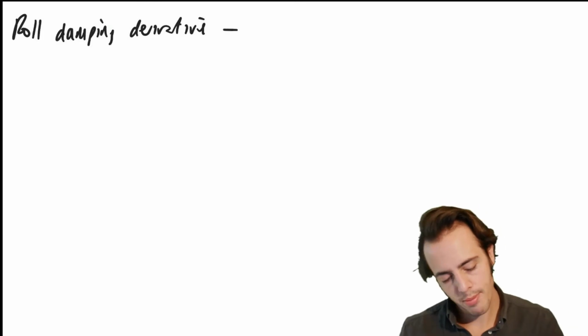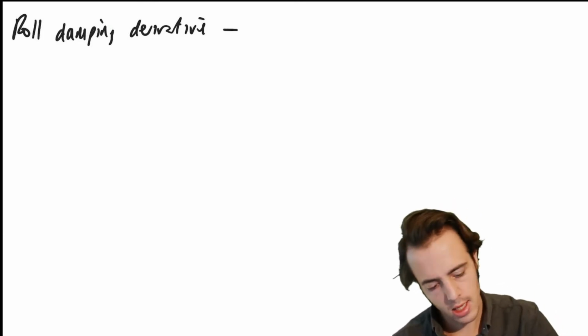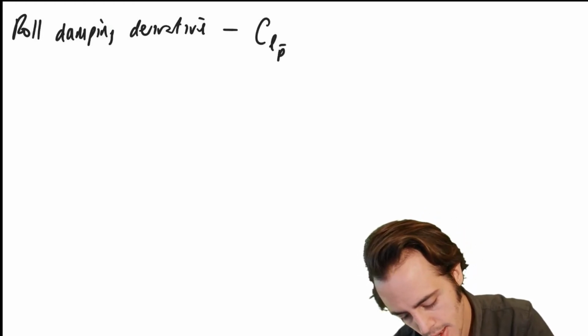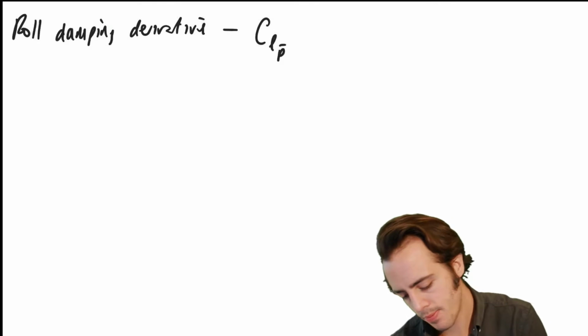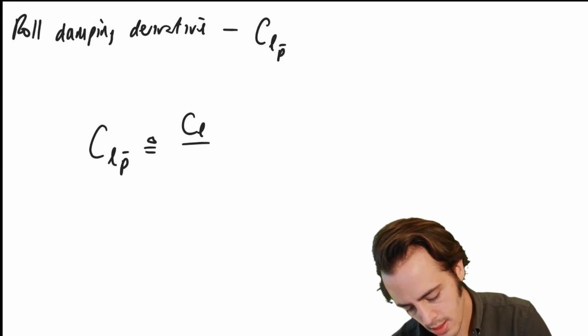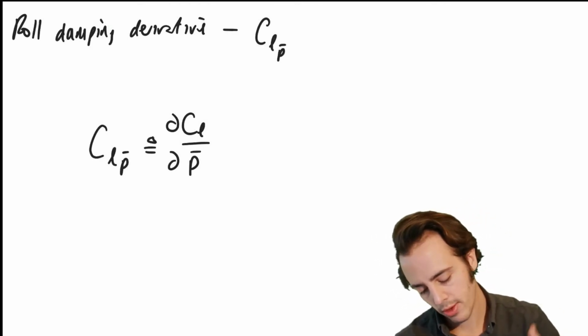Okay, roll damping derivative needs to be CL, and P is the roll rate. So CL P, but instead of P, we're going to use P bar. So CL P bar is equal to the partial derivative of CL with respect to P bar.